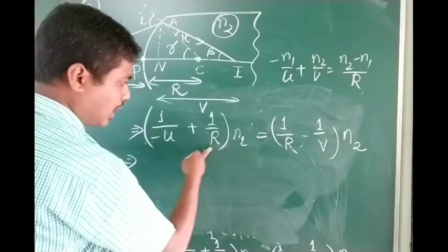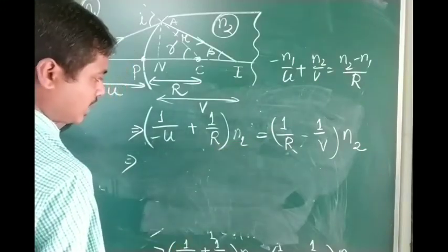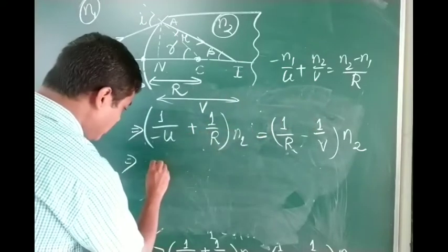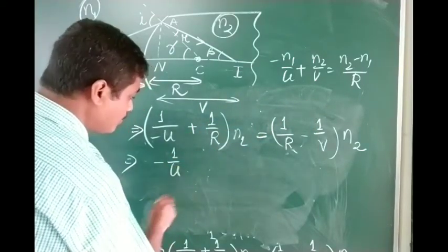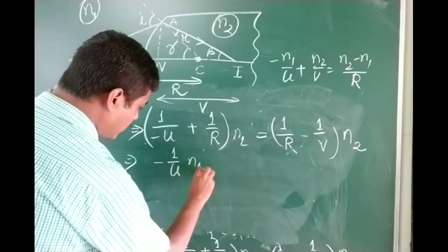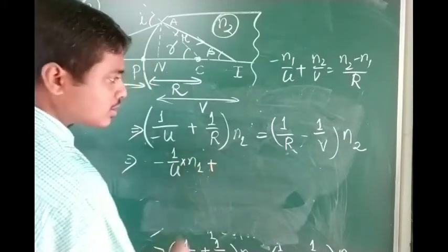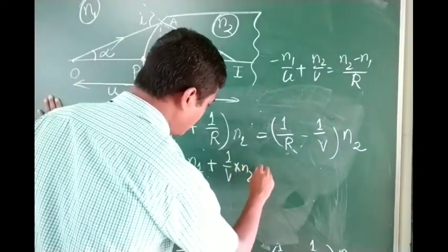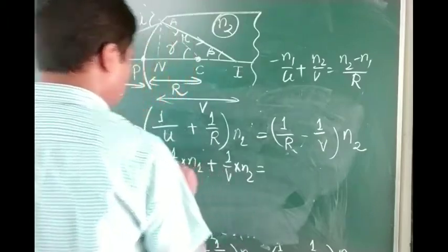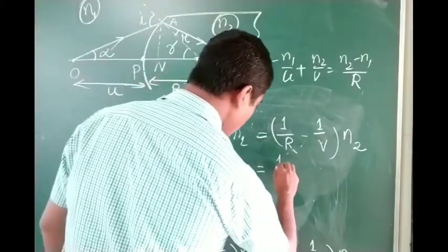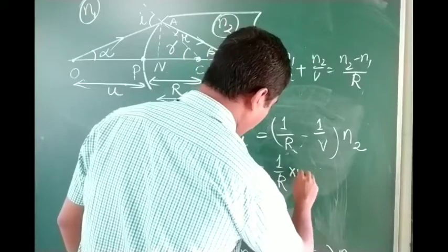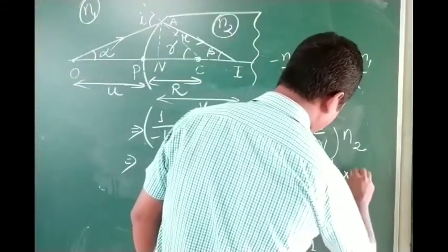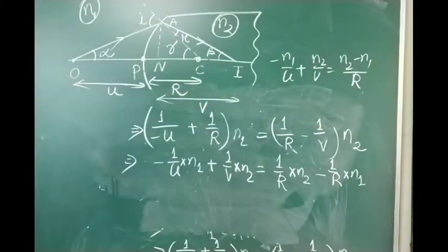And we have also R, we can take on one side. So I will be putting R on this side. So it will be minus 1 by U into N1 plus 1 by V into N2 equals to 1 by R into N2. Bring this side, so it will be 1 by R into N1.